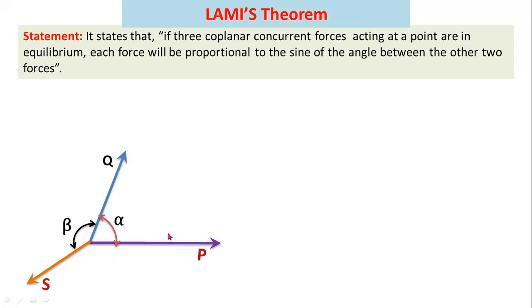Alpha is the angle between P and Q forces, beta is the angle between forces Q and S, and gamma is the angle between the forces S and P. Now, from Lamy's statement, each force is directly proportional to the sine of the angle between the other two forces.